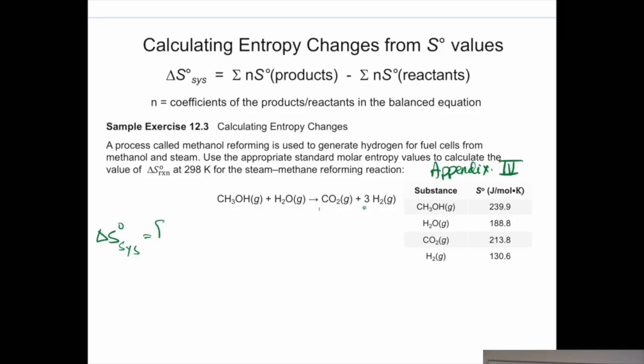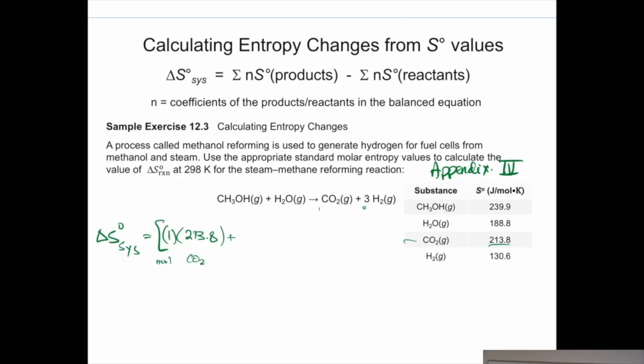It looks like this. Let's do the products. We're going to have 1 mole of carbon dioxide. Carbon dioxide here you can see has a standard molar entropy of 213.8 joules per mole Kelvin. So again, this is moles, and this is CO2.